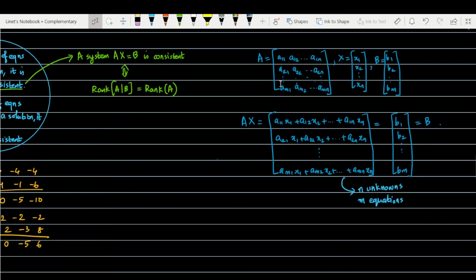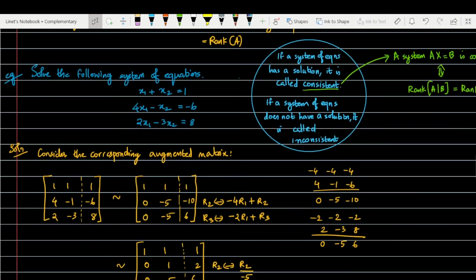So this is actually the matrix form of a system, Ax equals B. A system is consistent when the augmented matrix [A|B] has the same rank as A. You have to keep that in mind.